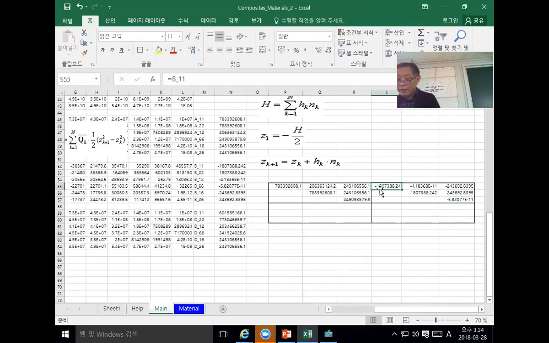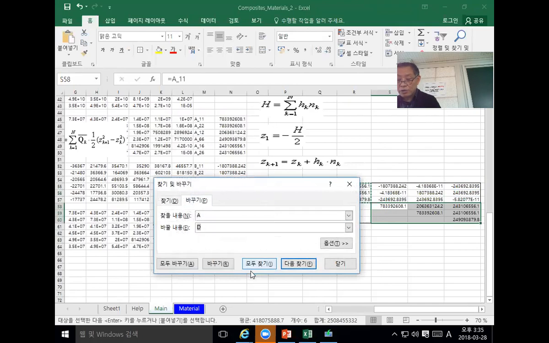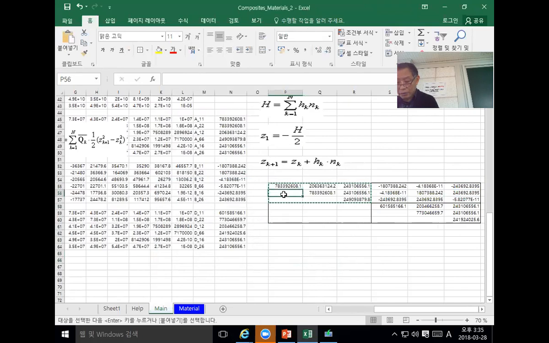Okay, here is symmetric. This one is the same as that. Symmetric here is the same as that, and here the same as that. And you can change just here, and let's replace A with D. Okay, and now symmetric.